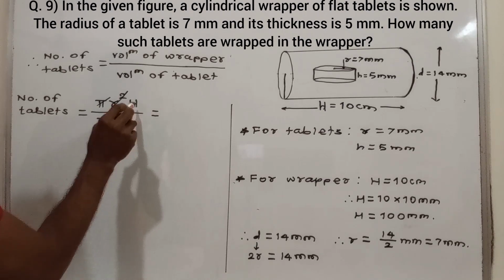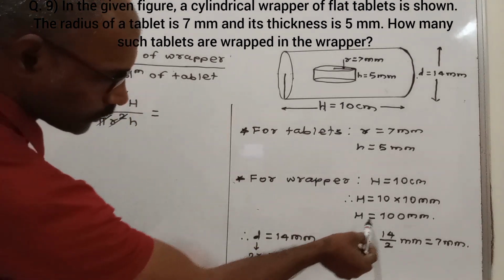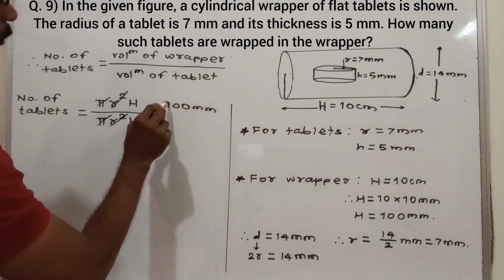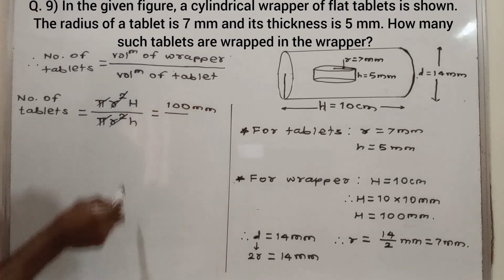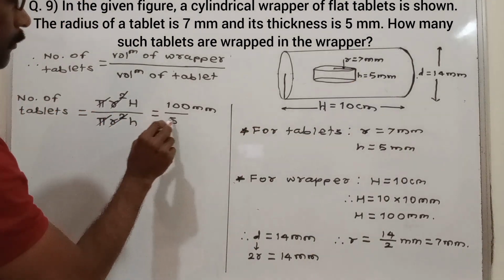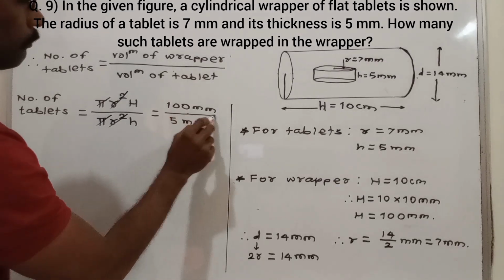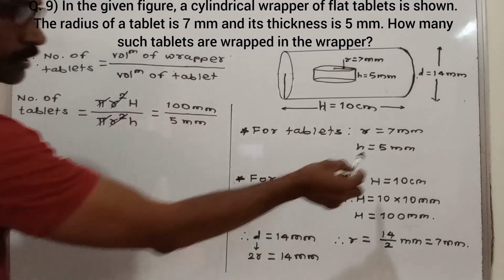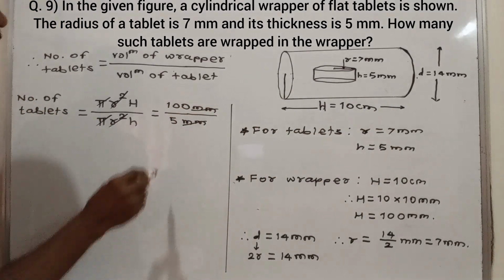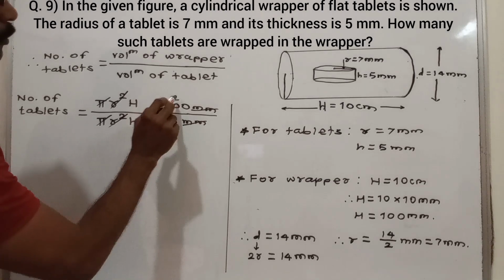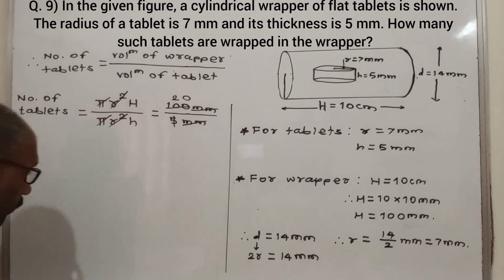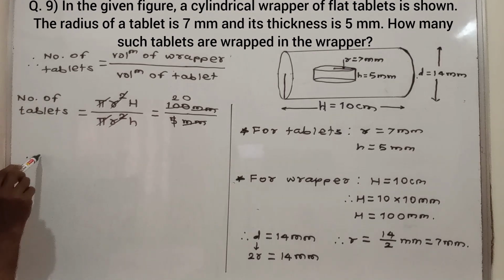Then what is left here? Capital H, 100 millimeter, upon small h, 5 millimeter. Did you get it? See here, mm cancelled. 5 twos are 10 and this 0. Therefore, we write our final answer.